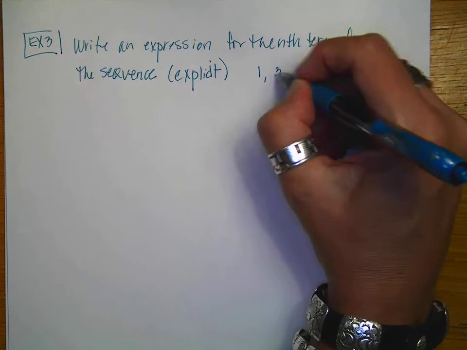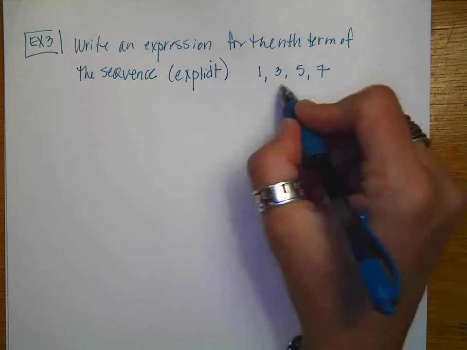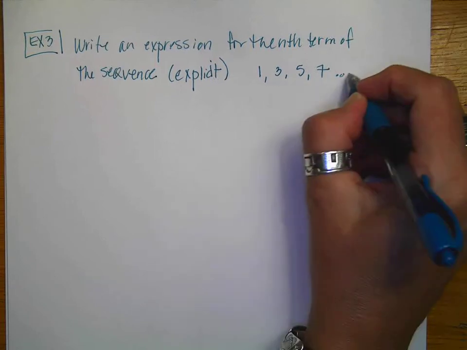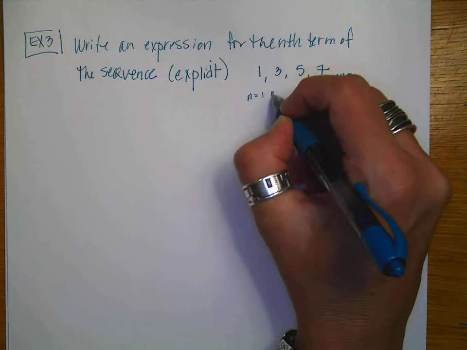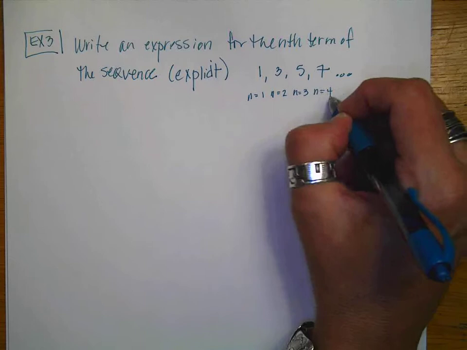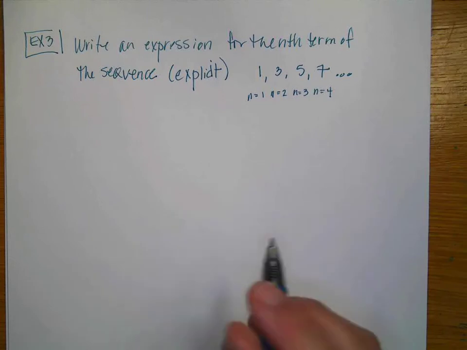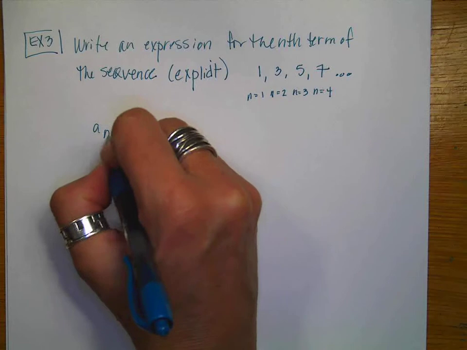That's explicit, okay? So we're going to be given the sequence 1, 3, 5, and 7. So this is my sequence, dot, dot, dot. And then this is n is equal to 1, n is 2, n is 3, and n is 4. So I'm given the first 4 terms of the sequence.